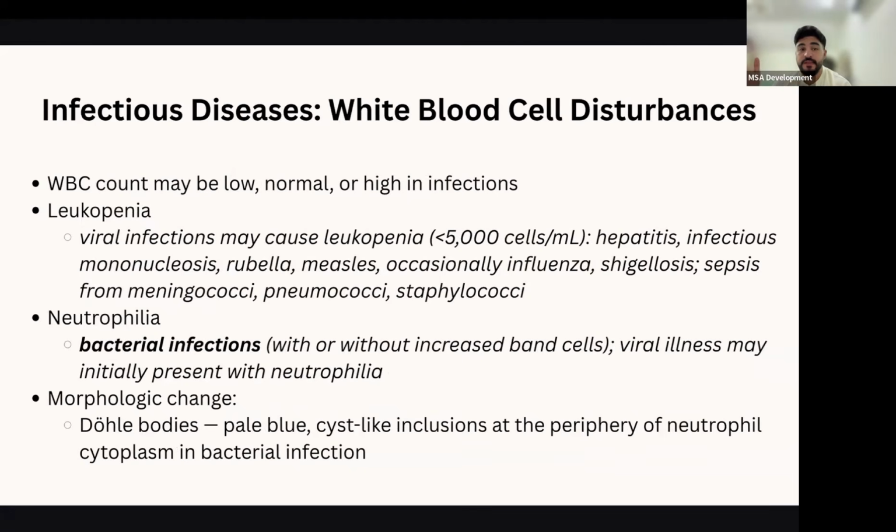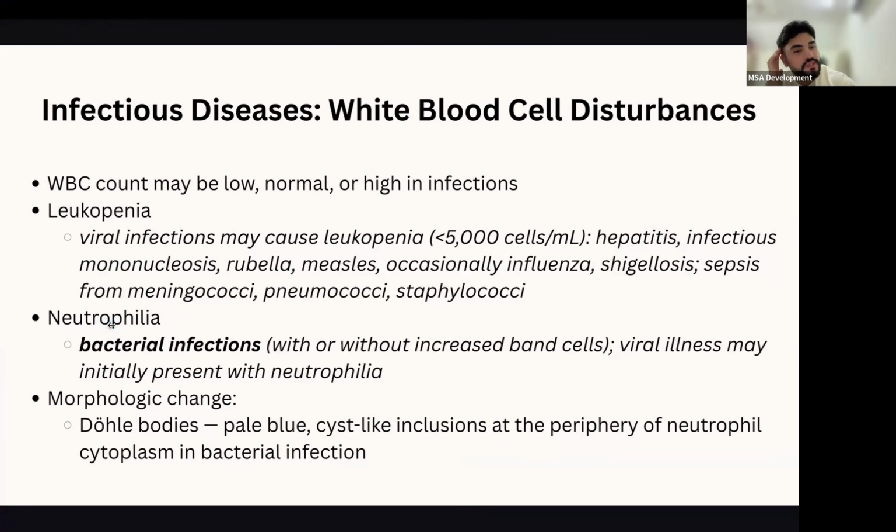Now, for white blood cells, it's a bit long. You need to keep in mind that you could have an entire mosaic of findings when it comes to white blood cells, and it really depends on how acute or how chronic the disease is. However, if it was a bacterial infection, 99% of the time you're going to see neutrophilia.